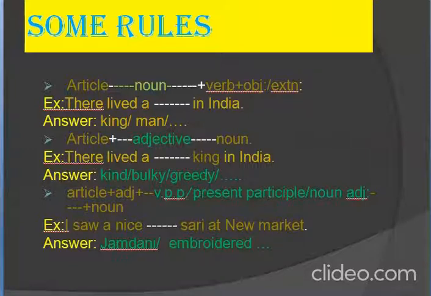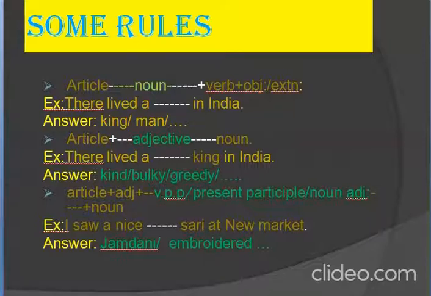Next rule, article, adjective, then noun. So the gap is between adjective and noun. Here, look at the slide. In that case, complete your sentence by using verb past participle form, verb present participle form, and noun adjective or proper adjective.